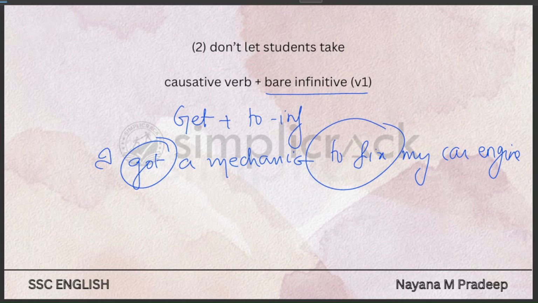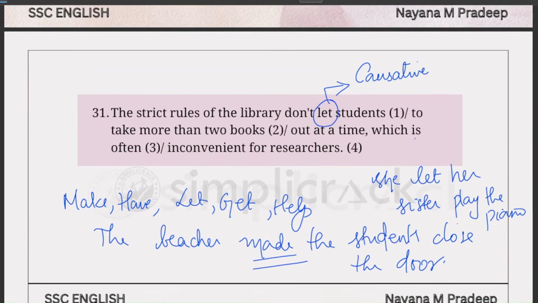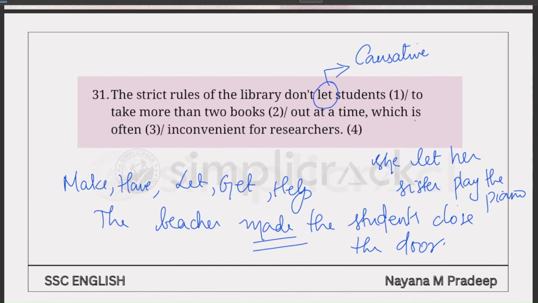But at the same time, with all the other causative verbs, for example the ones we discussed earlier, the teacher made the students close the door. It is not, the teacher made the students to close the door. That is wrong. She let her sister play the piano. It is not, she let her sister to play the piano. No. Along with all causative verbs except get, you only use the bare infinitive form. But with get, you have to use the to infinitive form. Is it clear to you?